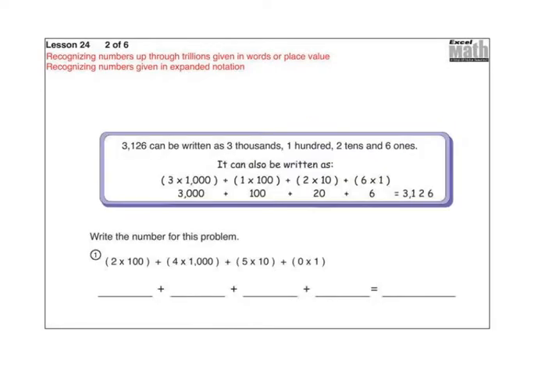All right, moving on. 3,126 can be written as 3 thousands, 1 hundred, 2 tens, and 6 ones. It also can be written as, this is called standard notation. That's the standard or normal way that we write a number. This is called expanded notation down here.